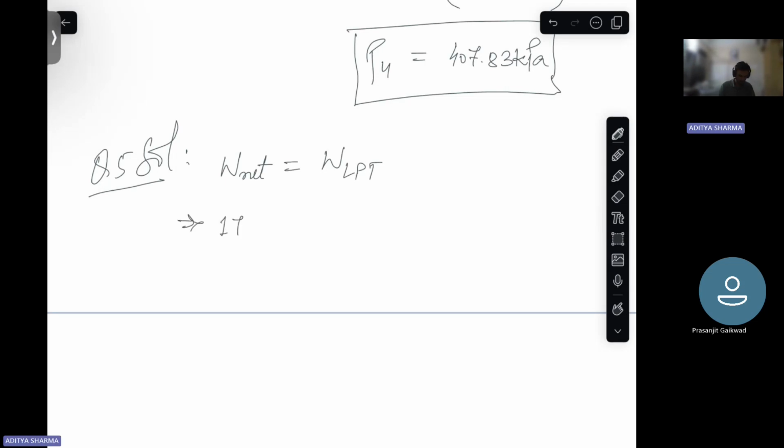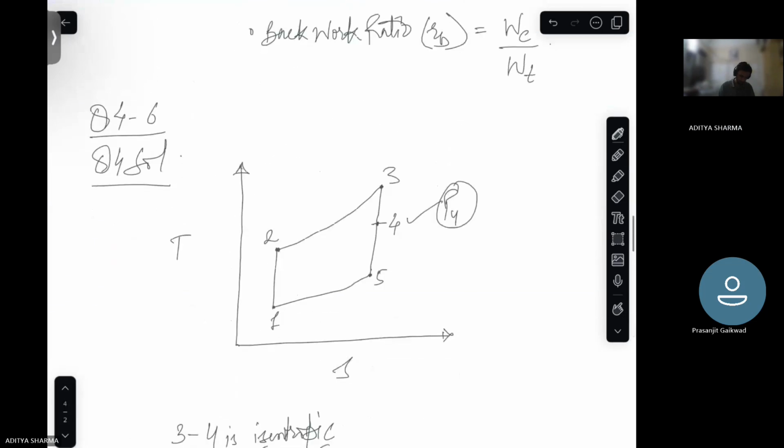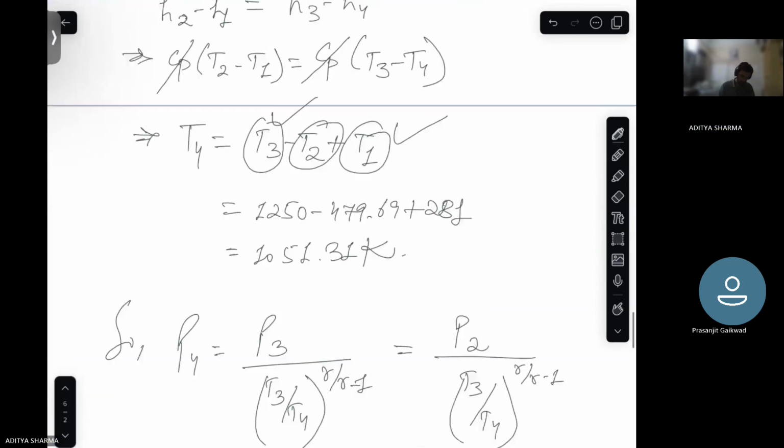And this is given as 178 megawatt, that is 10 raised to power 6. In terms of mass flow rate and enthalpy, this can be written as H4 minus H5. If you see this diagram, H4 minus H5.